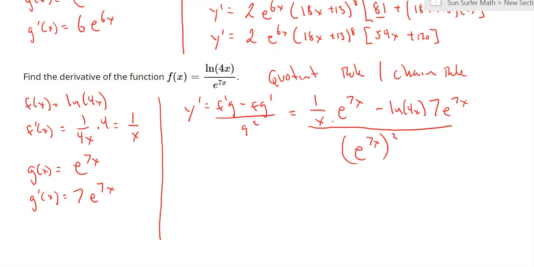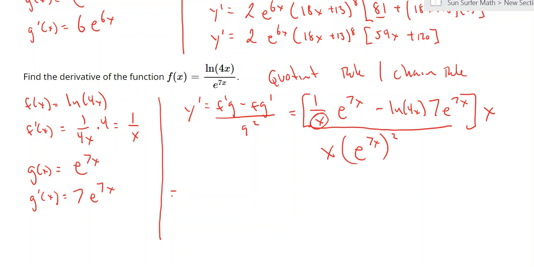All right, so now we have a little bit of simplifying to do. We have a number of things. First of all, we have this fraction in the numerator. So remember what we do when we have a fraction in the numerator. We multiply the numerator and denominator by what is in the denominator, which is x. So we're going to multiply both of these by x.